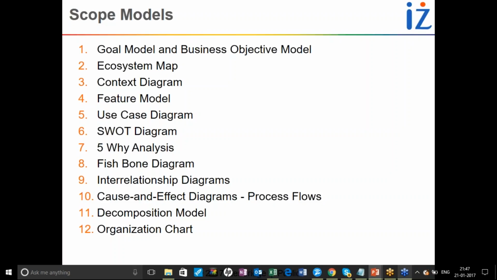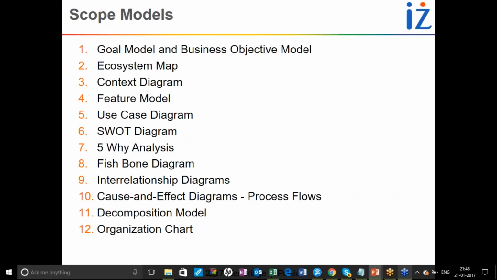When you represent your problem in the form of 5 why analysis and fishbone diagram, it shows the logical flow of information, and you can visualize that you have to work around these features and this information flow to solve the problem. So it represents the high level scope of the solution. Interrelationship diagram: here you are working with multiple variables where multiple causes and effects are there, and analyzing those causes and effects helps you know the features, functions, and information flow.